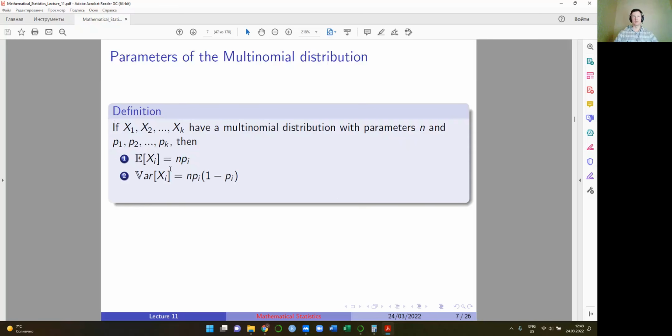The variance is calculated similarly to the binomial distribution. But we also have some dependency between these variables, so we need to state the covariance. Covariance between x_s, the number of counts falling into category S, and x_t, the number of counts falling into category T, is calculated in the following way, more or less similar to the variance.